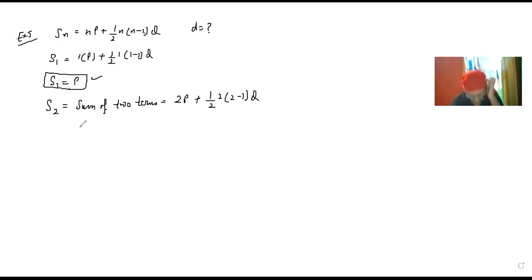Okay, sir. So S2, the sum of two terms, is 2p plus 2 times q. So the sum of two terms is this.